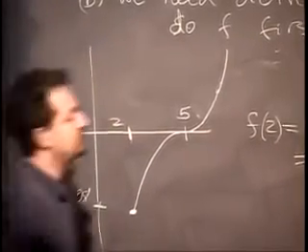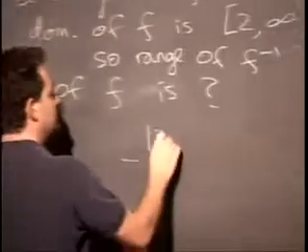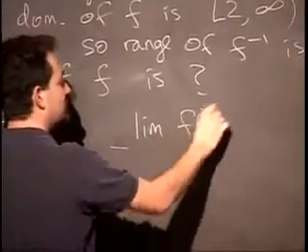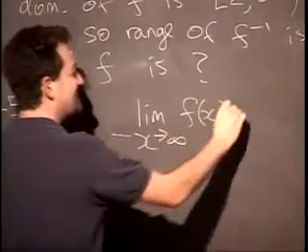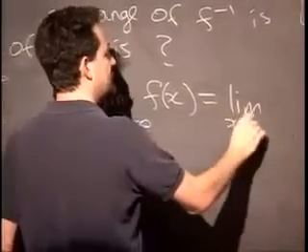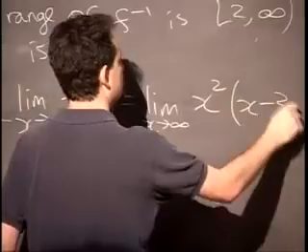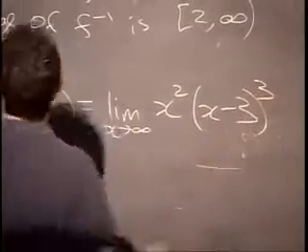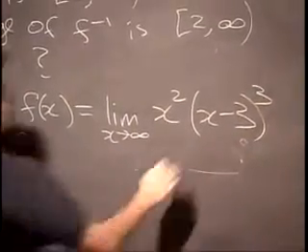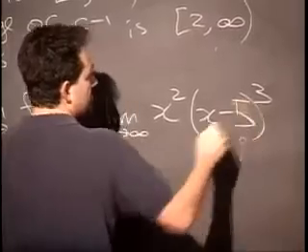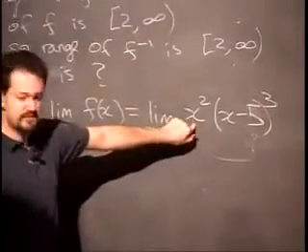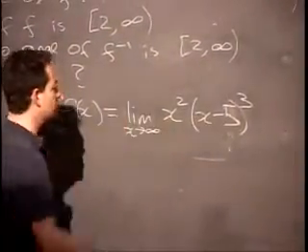Well, if you take the limit of f of x as x goes to infinity, this is just the limit of x squared times x minus 5 all cubed. That's what the function is. My apologies. So when x gets really big, this gets really big, this gets really big, of course this limit is infinity.